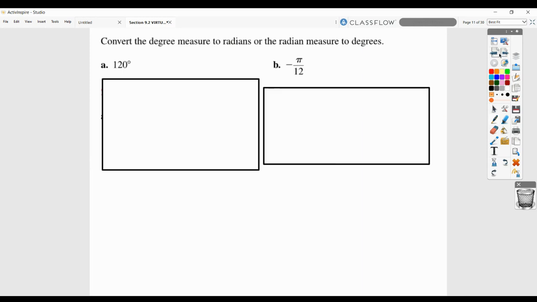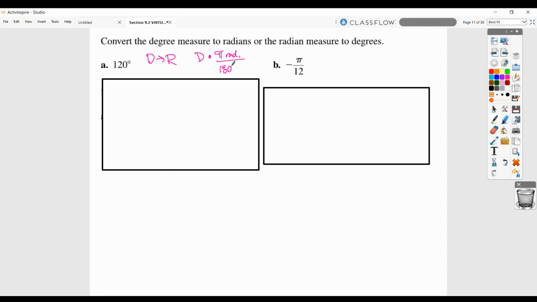So let's try some. This is a degree measurement. And remember, when I go from degree to radian, that means I take my degree and I multiply it by pi radians over 180 degrees.